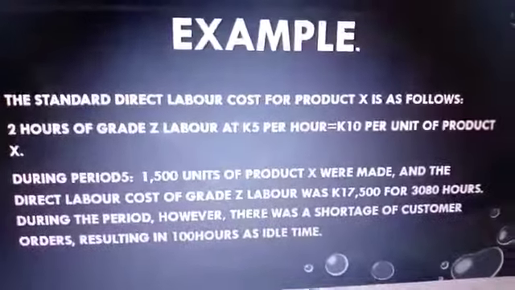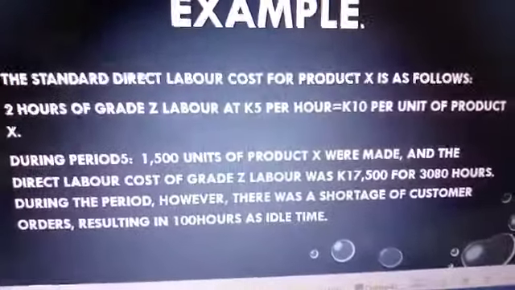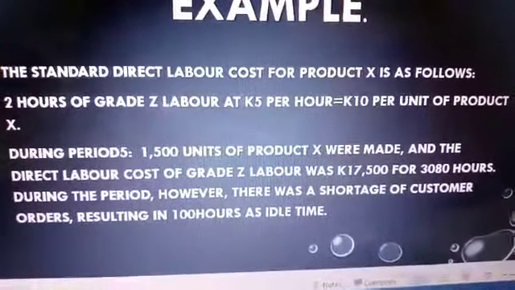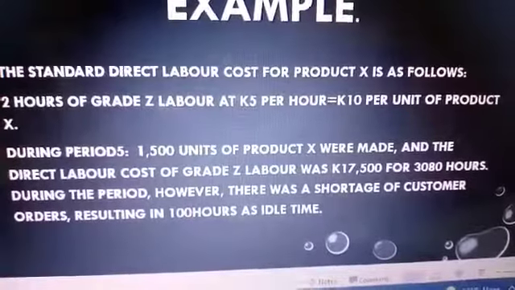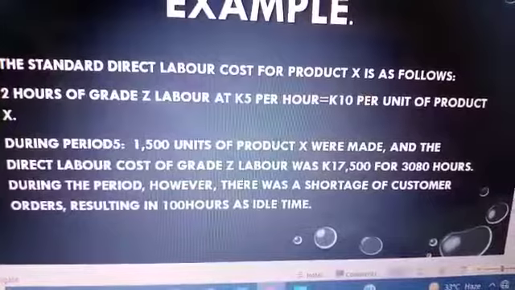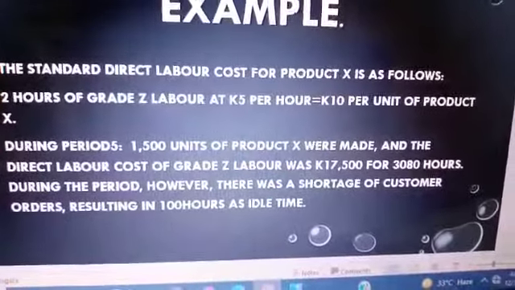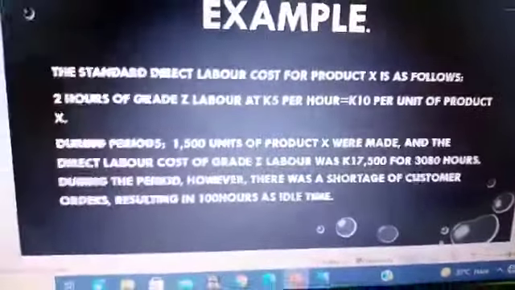Now, during the period, 1,500 units of product X were made, and the direct labor cost of grade Z was 17,000 for 308 hours. During the period, however, there was a shortage of customer orders, resulting in 100 hours as idle time.